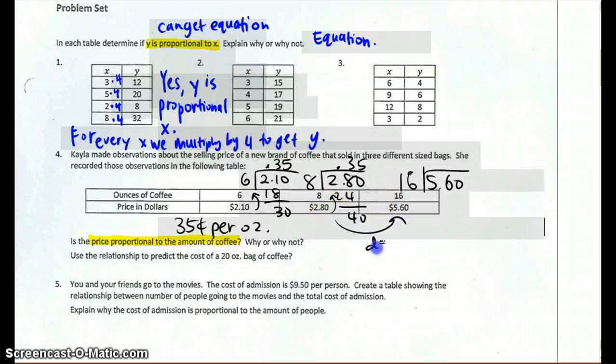So we can see that that's just doubling of each other, and that also can tell us if it's proportional. Since it's doubling like that, we can see that it's proportional, at least for that part of the price. We probably still needed to check the 6 ounces.